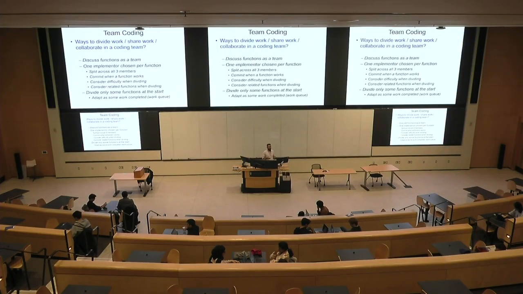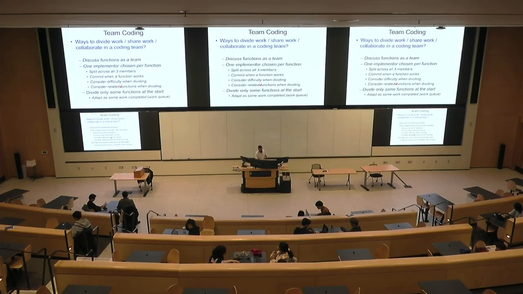Discuss who is doing what. It probably doesn't make sense to put 2 or 3 people on the same function, because they will get in each other's way. It's more logical to have one person implement one function.